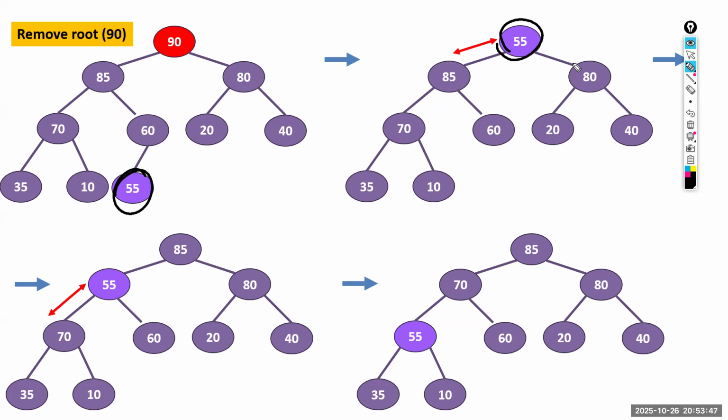So then you need to think, are you going to swap this way or that way? Because both are bigger than 55. Can someone tell me which one you want to swap? Do you want to swap this one or this one? What is your logic? Left side? Why? To preserve the shape. If you swap left, the shape property is preserved, right?